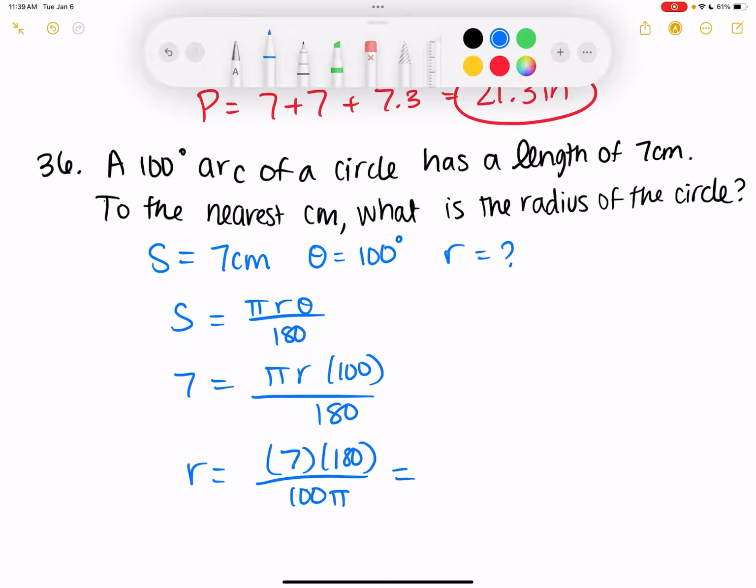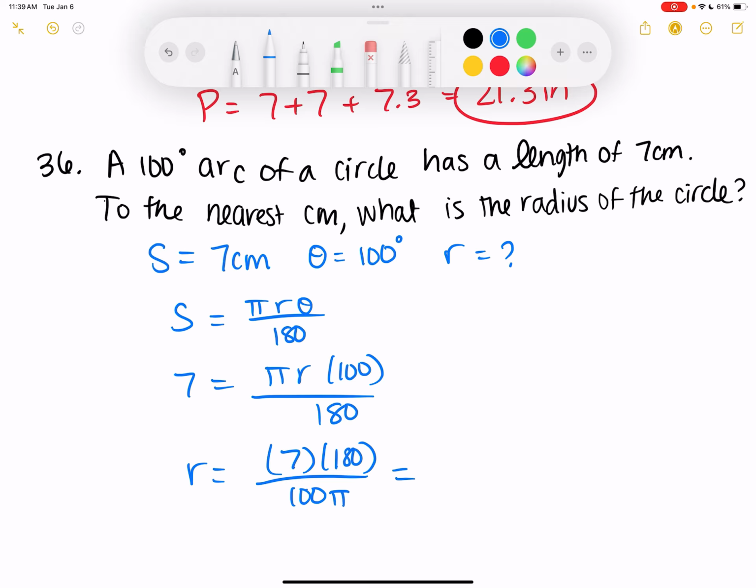No, wait, hold on. I can do this. 40. No, 39. Just 40 in total. This is 39.58. Yeah, you got it. So it's 4.01. Yeah, I got 4.0. I was expecting it to be more like 4.